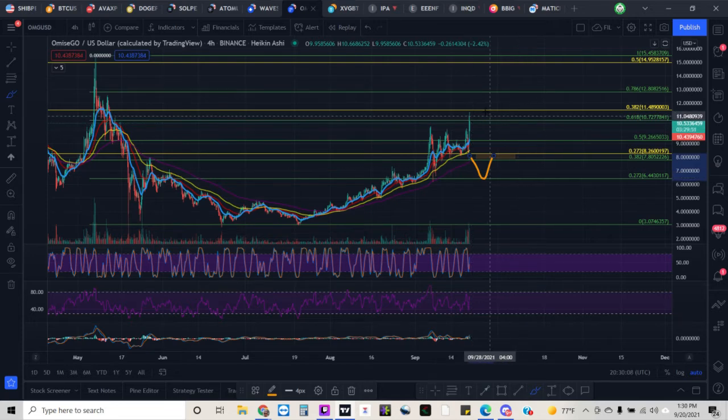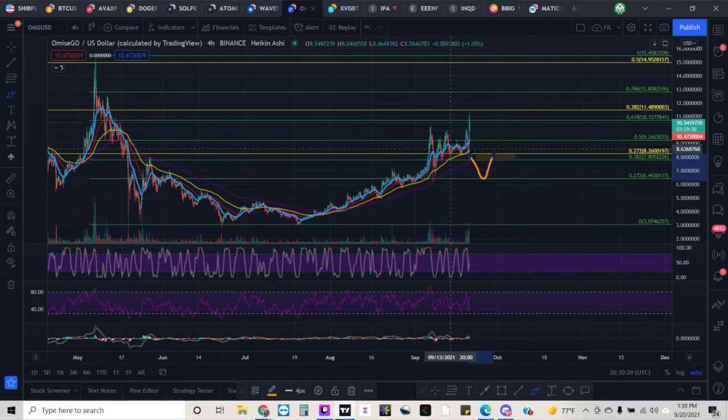We went to the 618, possibly not the 786. That's a low time frame. We went to the 0.382, and we could possibly, if we do come down from up here, then the next zone we're looking at from the high time frame, we're going to another low time frame for a temporary bounce.